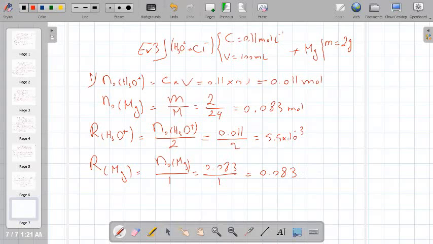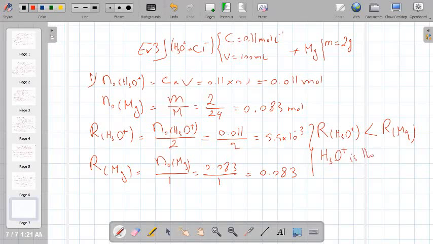We see the ratio of H3O+ is less than the ratio of Mg, then H3O+ is the limiting reactant.